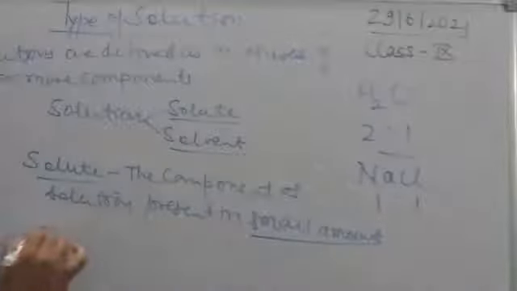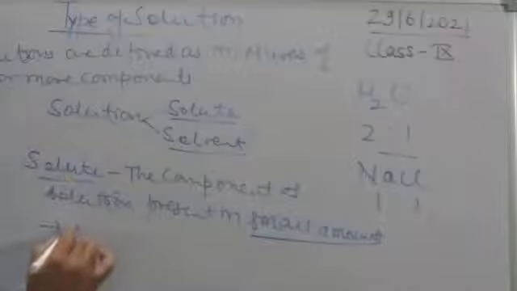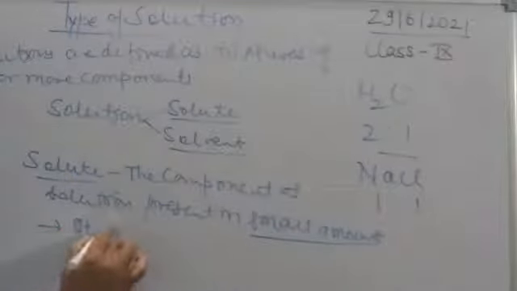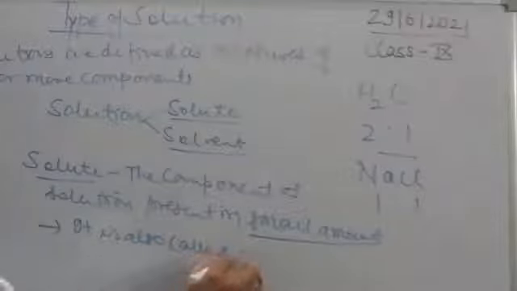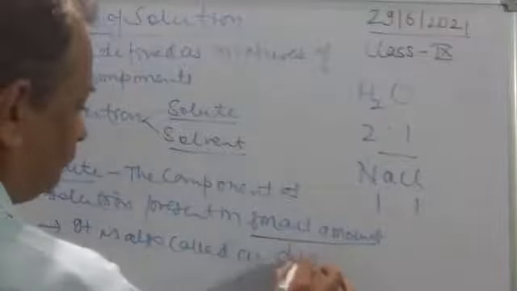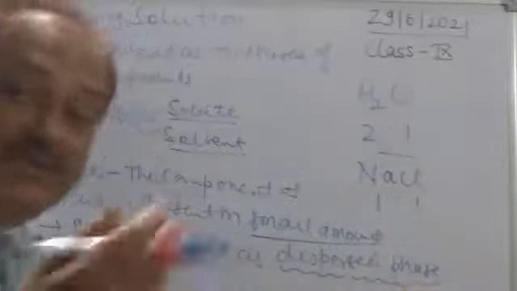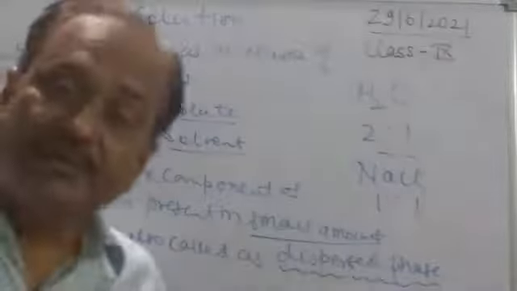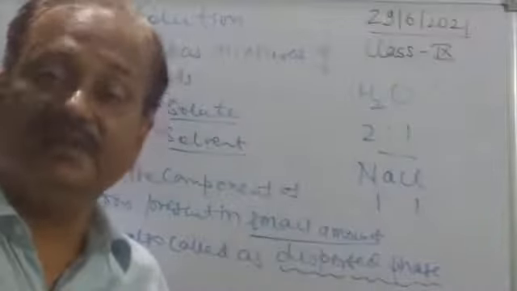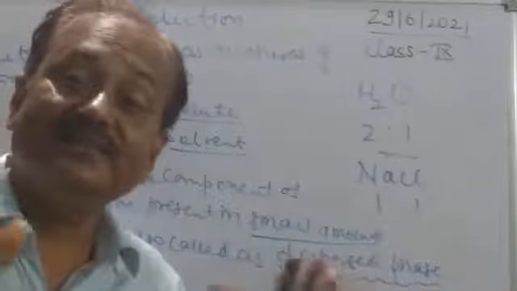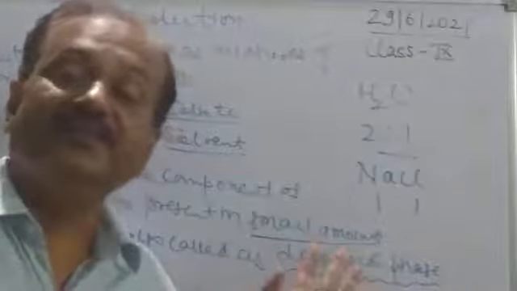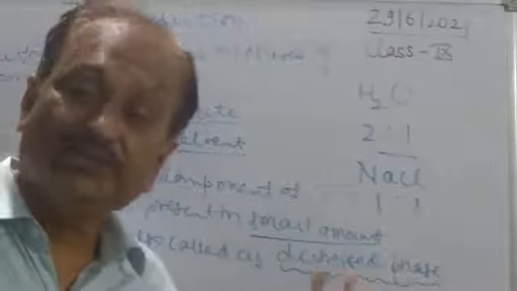And one more point, it is also called the dispersed phase. Dispersed means it is scattered in something else, and that something else is called what? Solvent.